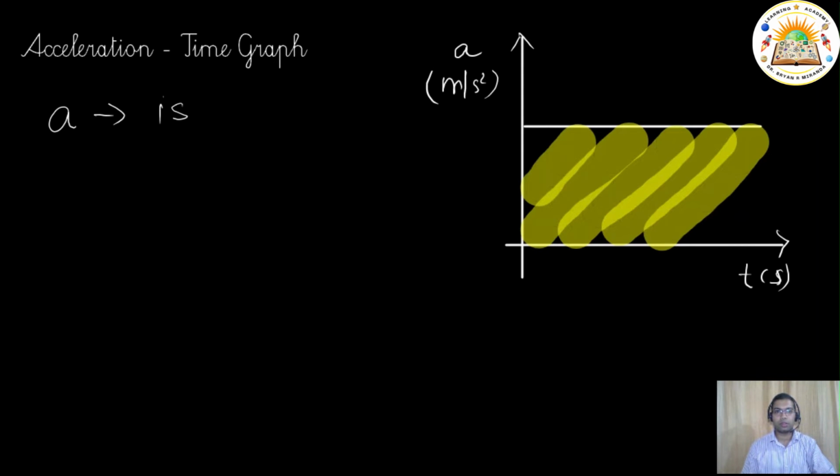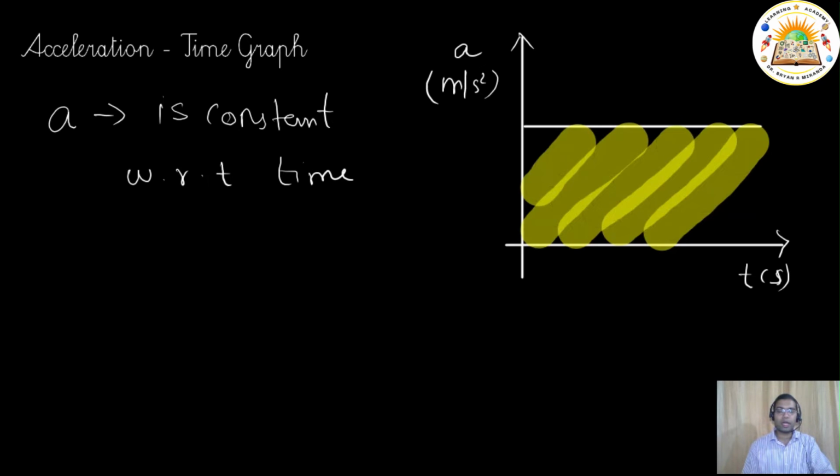So A is constant with respect to time. Now, we cannot find the slope of this or any curve with respect to an acceleration-time graph because there is no physical quantity which will describe the slope of acceleration with time.